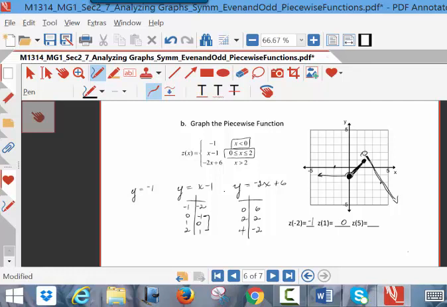And z of 5, if you put a 5 into the bottom inequality, 5 is greater than 2. 5 on the number line is going to place you on the third equation given. So that number must go in this third expression and only in this third expression. So what is its answer? Very good.